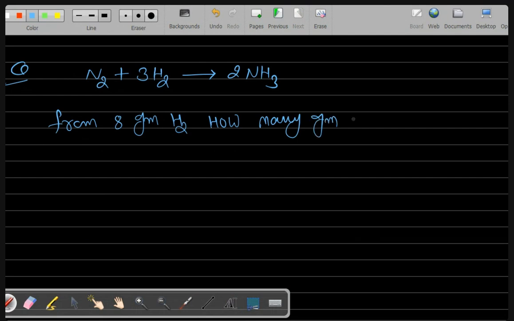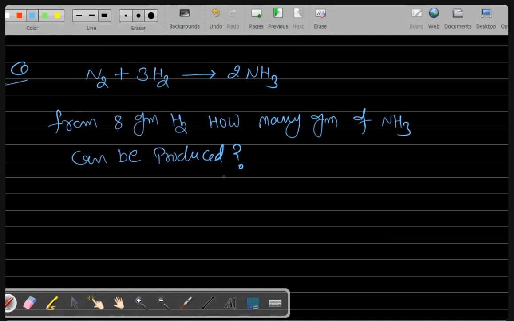How many grams of ammonia can be produced? Okay. Is the ratio 3 to 2? Yes, 3 to 2 this time.